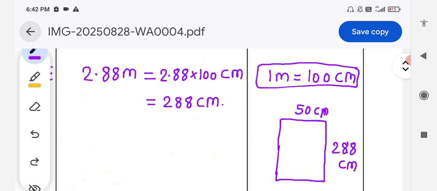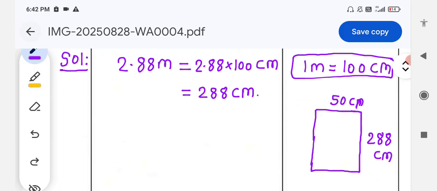In a rectangle, length is not equal to breadth. If the sides are equal, it becomes a square. Anyways, now let us find the area of this rectangular wall.